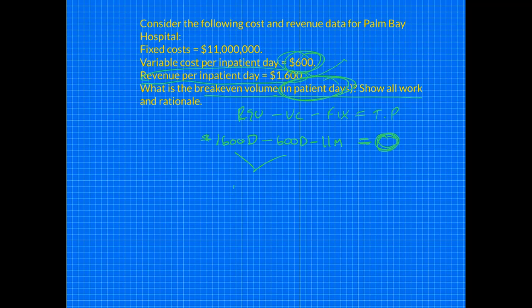That is going to be 1,000 D, minus, well, I think you're good enough that we could skip this step. We're going to take the 11 million and move it to this side of the equation. We do that by adding 11 million to both sides. So it gets rid of this negative 11 million and puts it over here on the zero side.